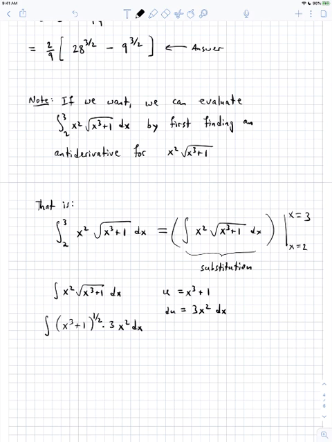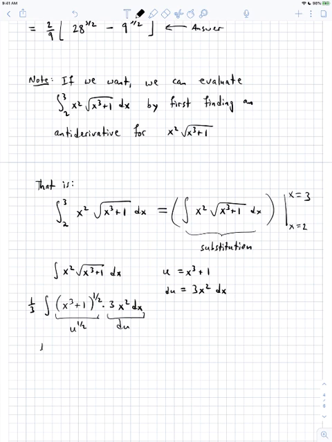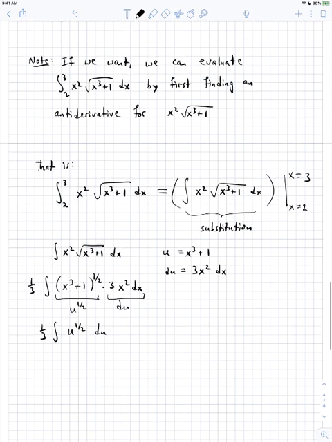I write the 3 there and a 1/3 in front, and now this is u to the 1/2 times du. So we have 1/3 times the indefinite integral of u to the 1/2 du. And this is something that we can evaluate. So it's 1/3 times u to the 3/2 over 3/2, just like before, but now it's an indefinite integral, so we have a plus c, which is 2/9 u to the 3/2 plus c.